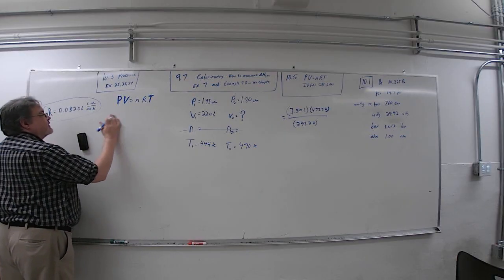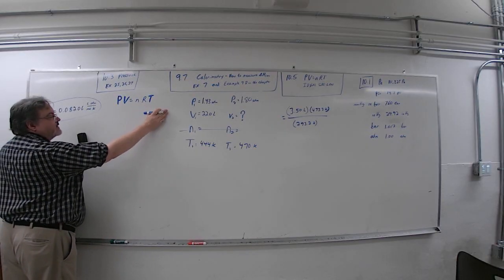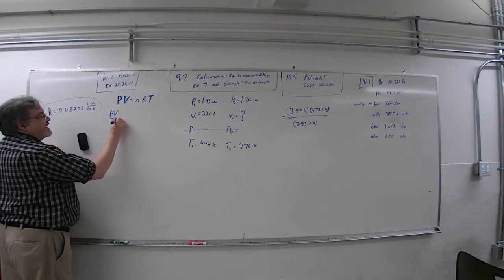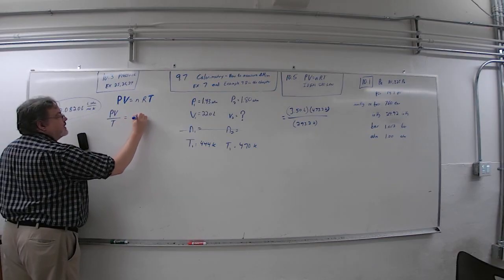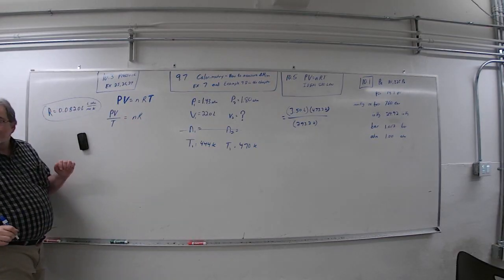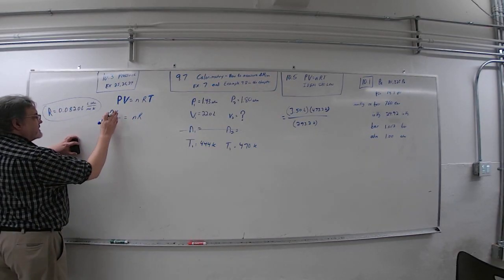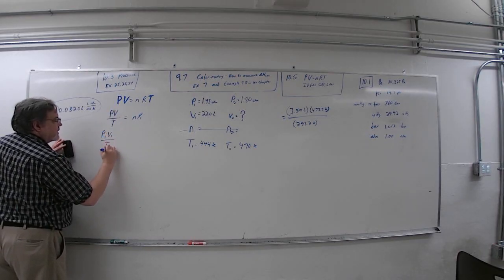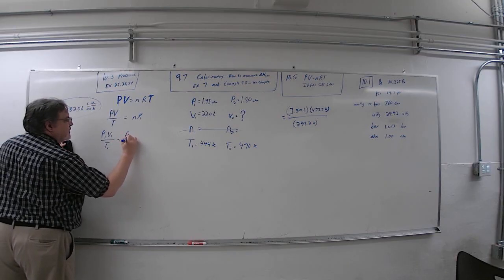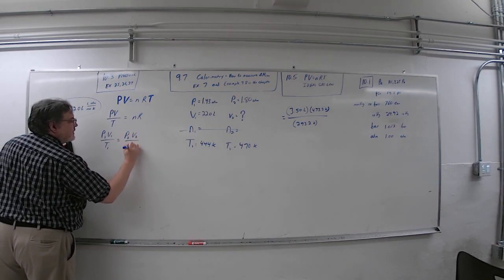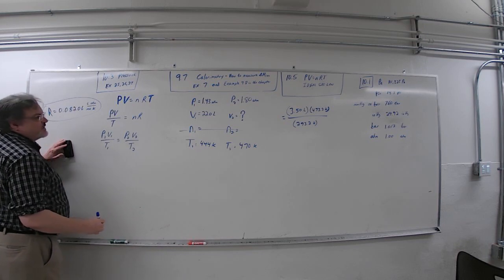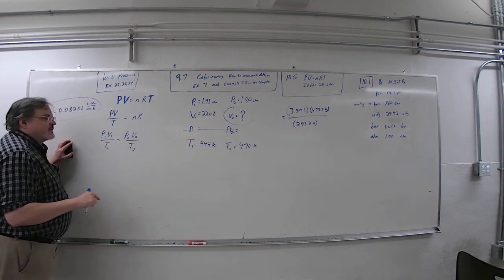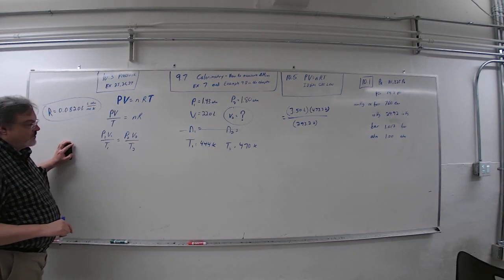So I want all of those on the left side, and I'll leave the nR on the right side. Algebraically, what that means is I divide both sides by T. You okay so far? All right. And then I'm going to take that and rewrite it as P1, V1 over T1 equals P2, V2 over T2. Since we're solving for V2, I want V2 by itself on the right side. You with me?